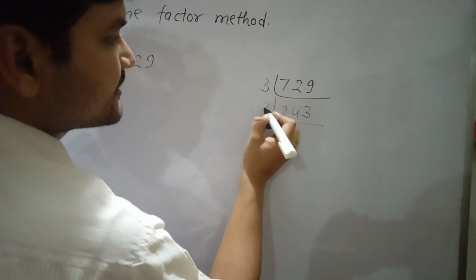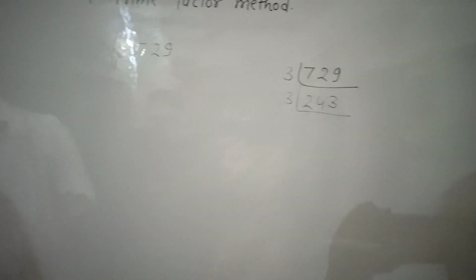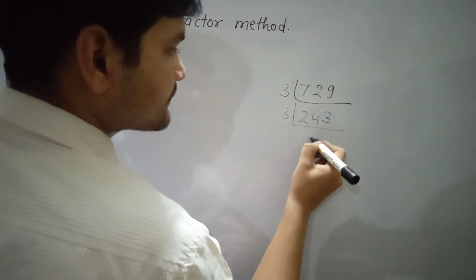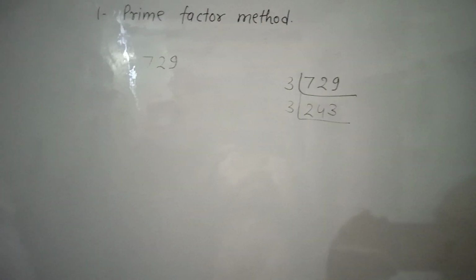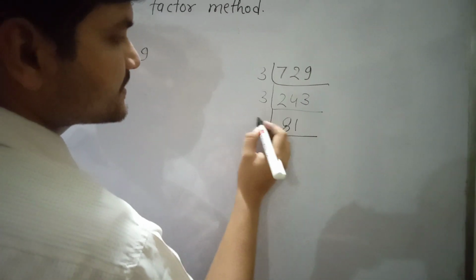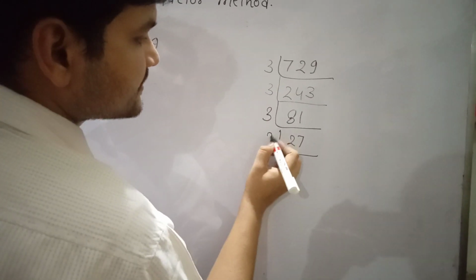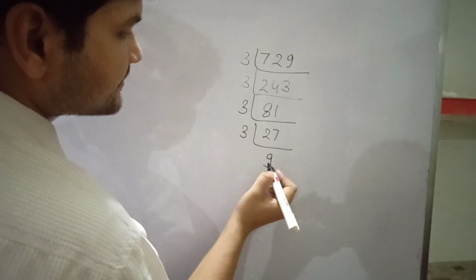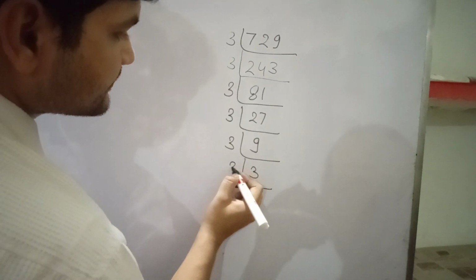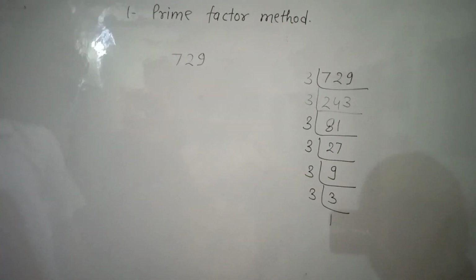Then again we divide by 3, we get 81. Then 3, we get 27. Then 3, we get 9. Then 3, we get 3, and then 3 once is 3. So these are the prime factors of 729.